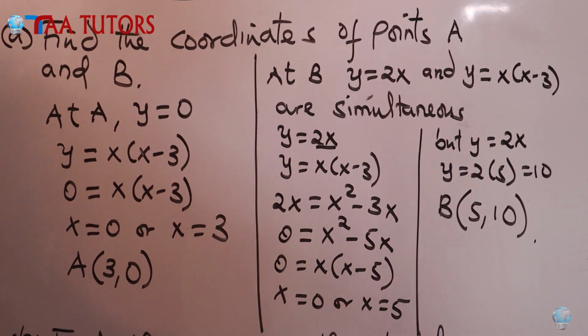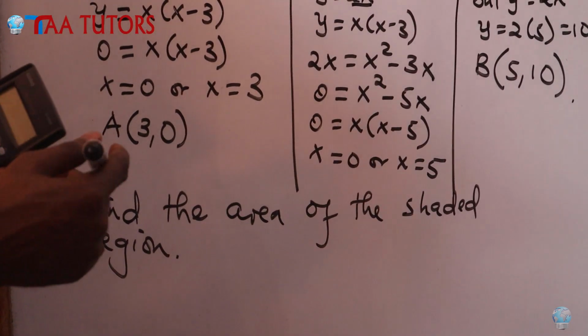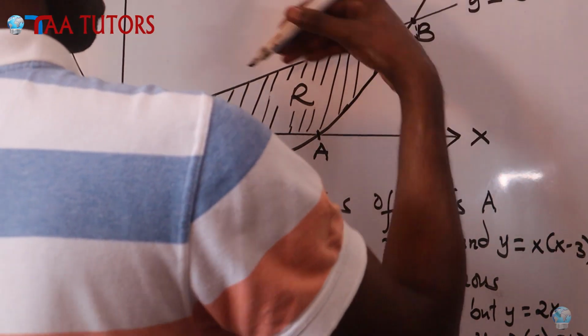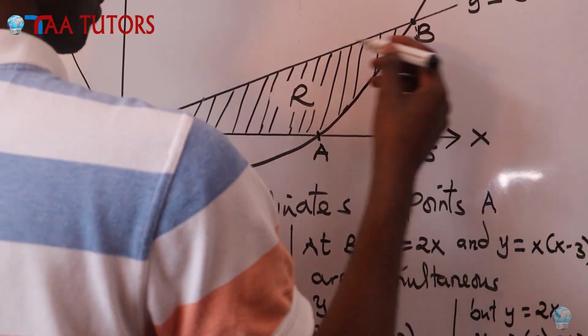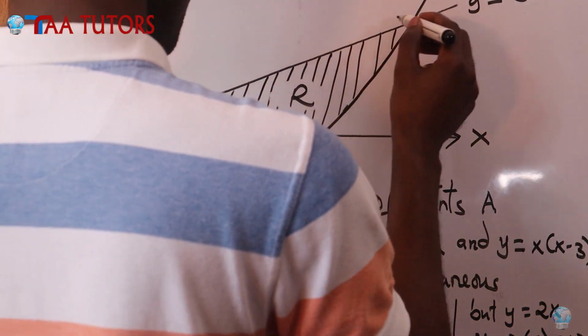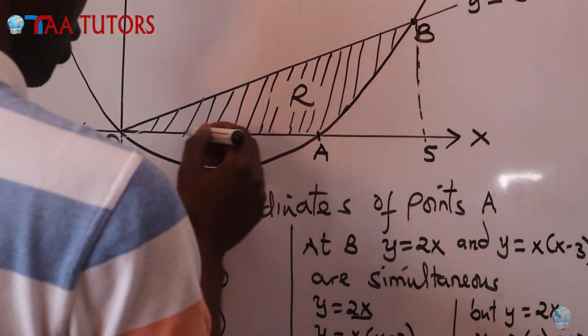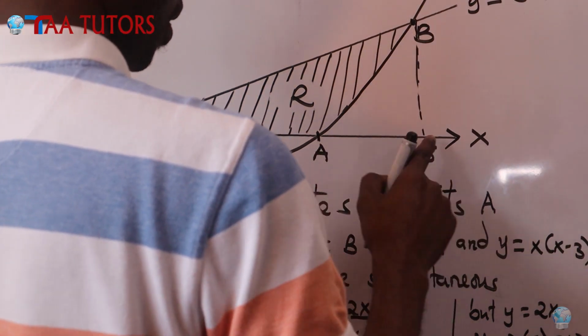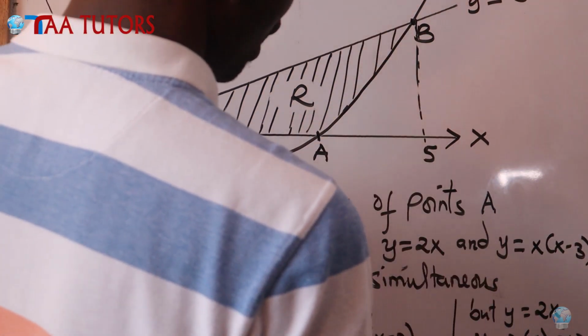You realize that if we have to get the area, I can already see that the area under this line is the bigger one, because this line is above this curve. So the big area here is a triangle, and from here to here is 5. The y-axis up to here is 10.